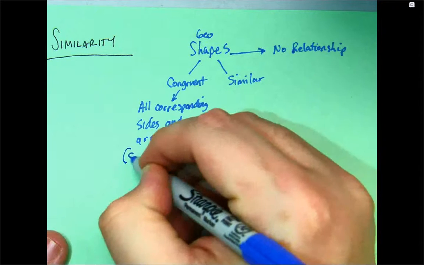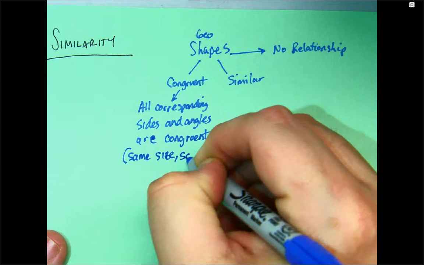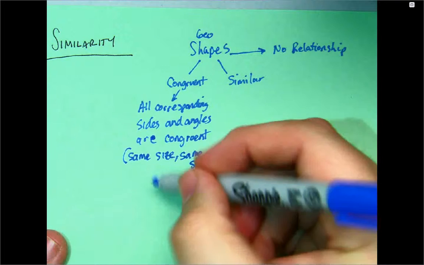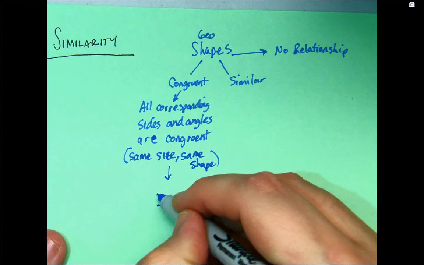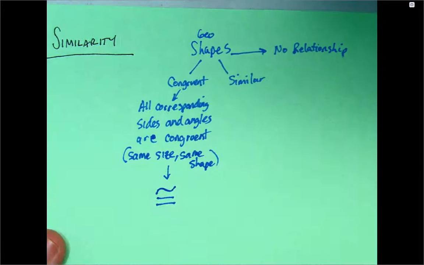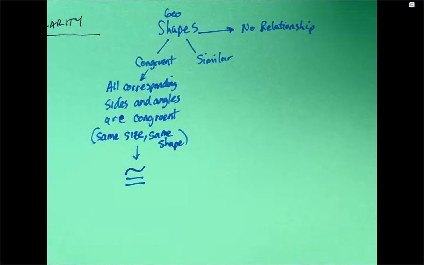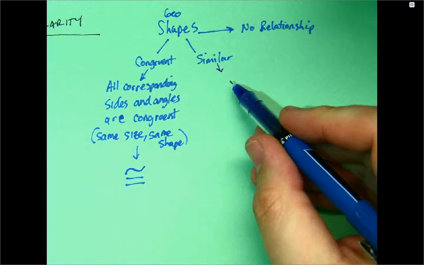And I like to say same size, same shape. And the symbol that we use for this is an equal sign with the little squiggly on top of it. This might work a little bit better. Ooh, that's nicer. Much nicer.